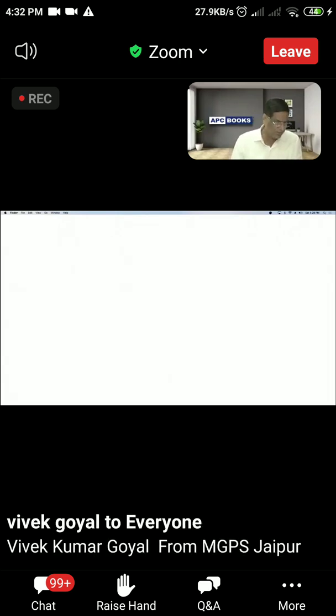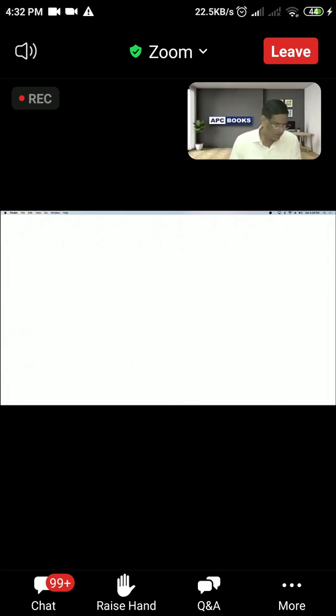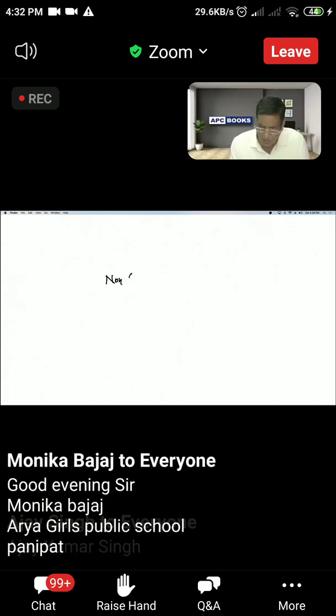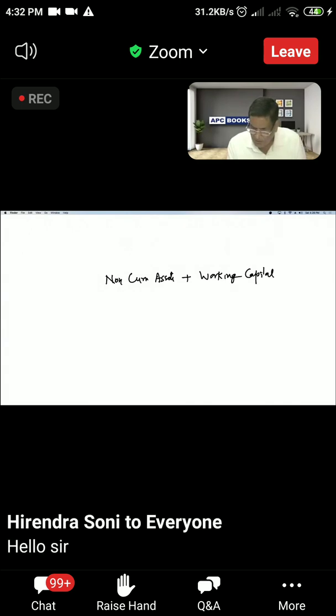Calculation of capital employed following the asset side approach. In the asset side approach, you are reading non-current assets plus working capital. This is capital employed.